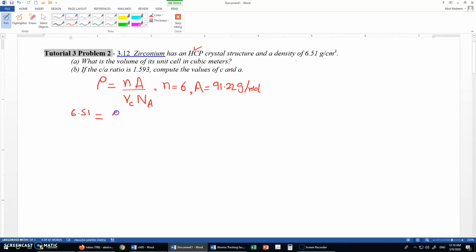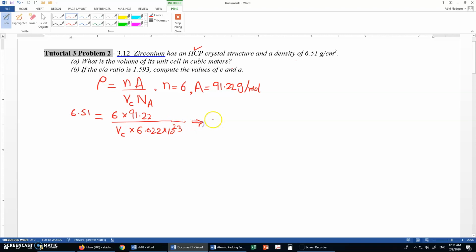N is 6, A is 91.22 gram per mole, then divided by VC, which we don't know and can find from here. Na is 6.022 into 10 to the power 23.